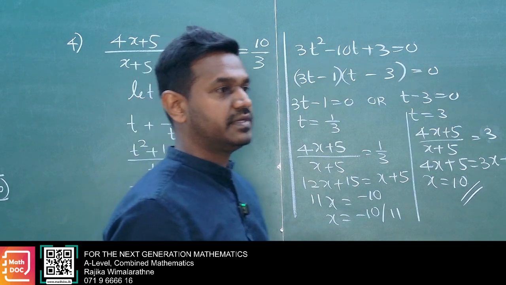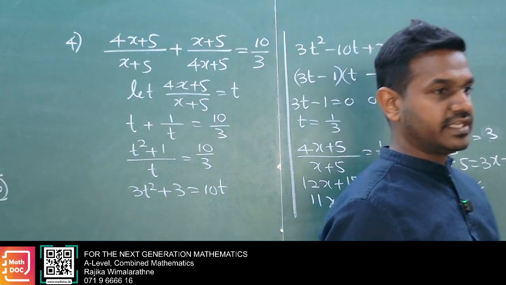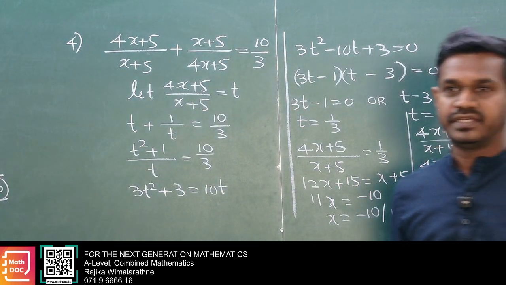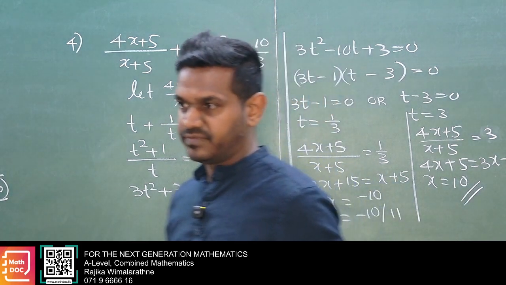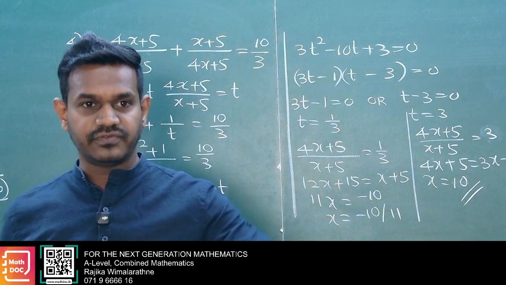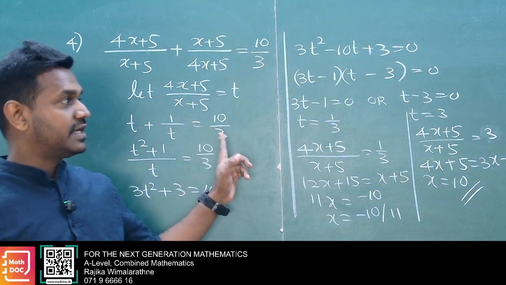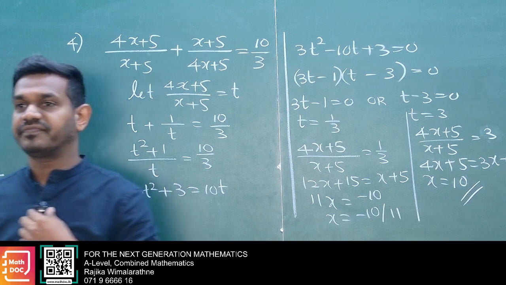As the first step, you have to convert into a quadratic by using substitution. Thereafter, find possible values, then go further. Do that again as an example.